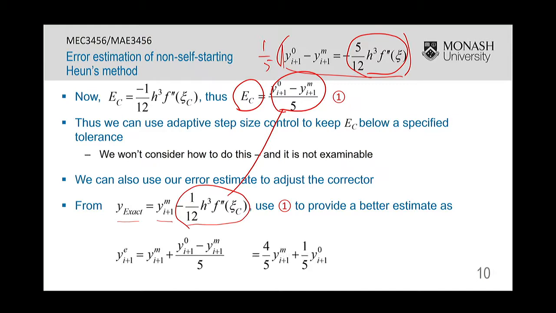We just group the like terms and we come up with a better estimate: 4/5 of our corrector step plus 1/5 of our predictor step. That is the non-self-starting Heun method, which has been improved.